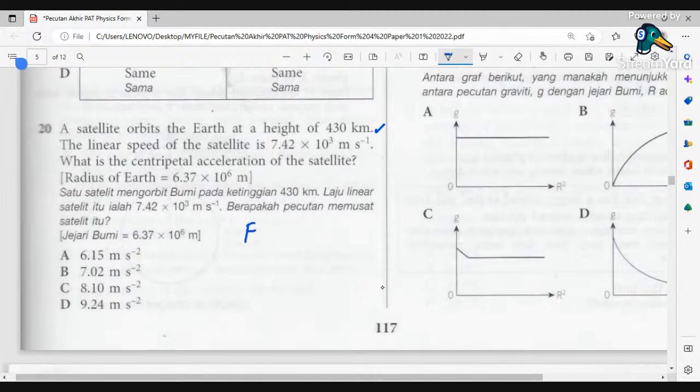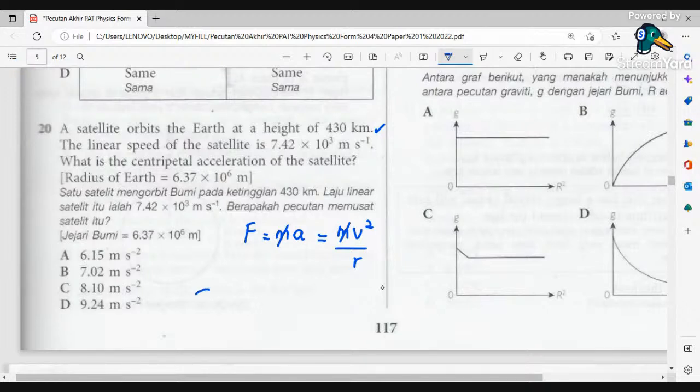Centripetal acceleration, let's say formula kita guna Newton's second law, MA, equals to centripetal force. Okay, as comparison, you will get A equals V squared divided by R. V is linear speed. R is distance, orbital radius ataupun distance from the satellite to the center of the Earth.